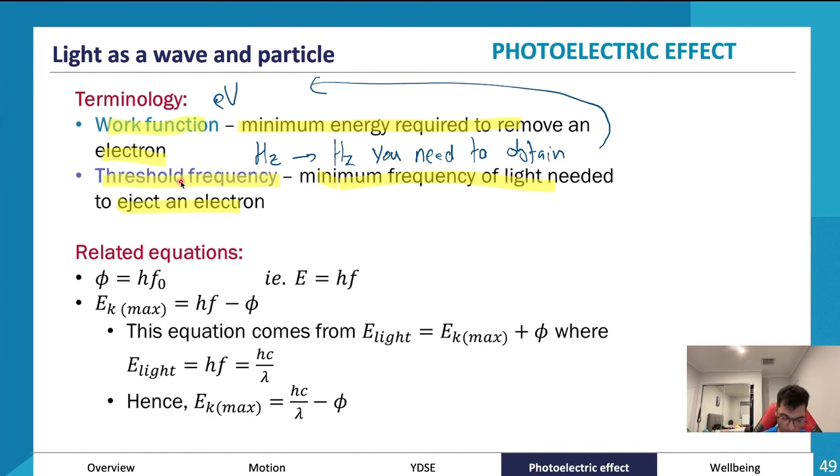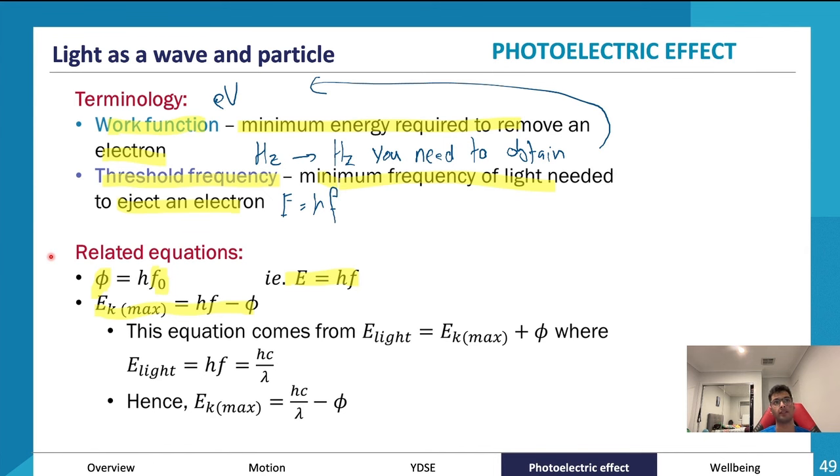And since we know the energy of a light is equal to E equals hf, we can evaluate this equation. So this is our work function, f0 is our threshold frequency, and so if you want to find the energy of a threshold frequency, it is going to be your work function. And all of that just comes from this formula where E is equal to hf. The third type of formula that you have to remember is this one.